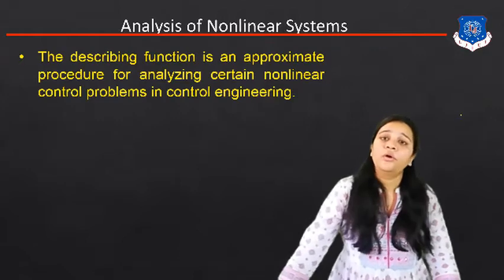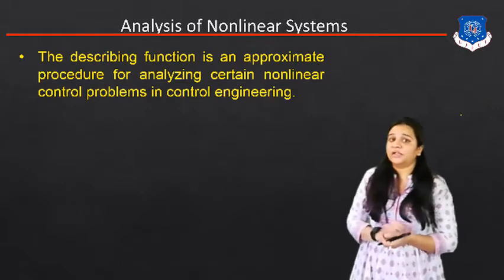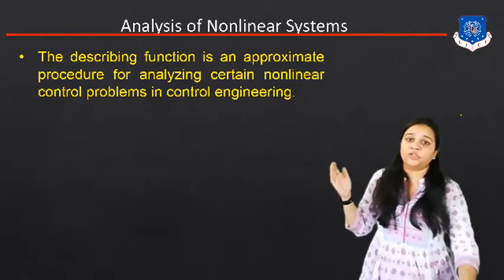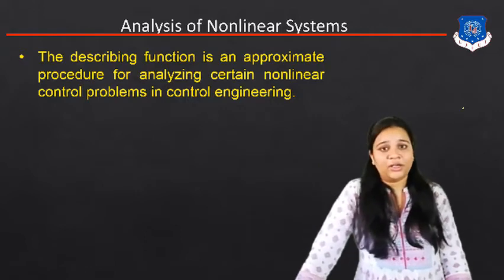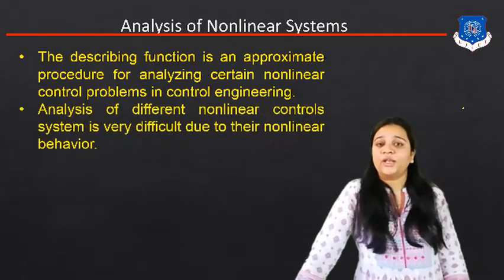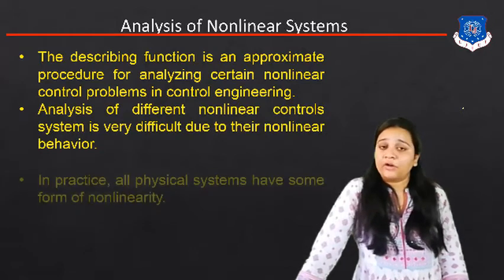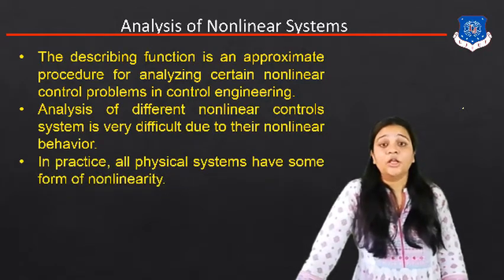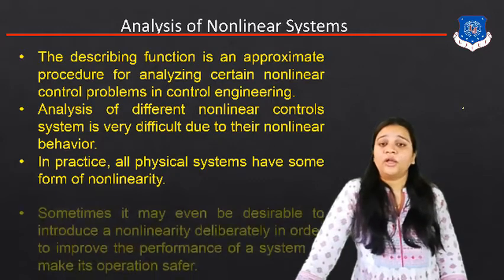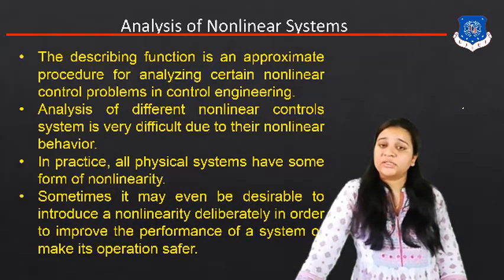Now the describing function is an approximation procedure for analyzing certain nonlinear systems in control engineering. It is very difficult to find the nonlinear behavior, so we have to find some nonlinearity for this particular system and make its operation safer.